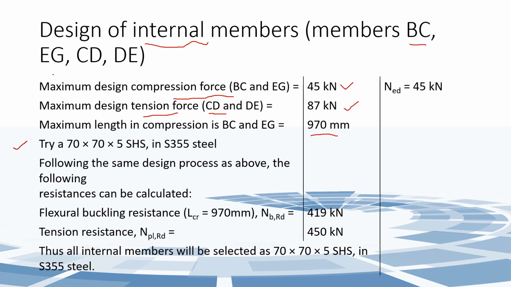We try a 70 by 70 by 5 square hollow section with steel S355. So just follow the same design as previously. Check for flexural buckling resistance. Check for tension resistance. Everything is adequate, which means that all the members selected for this size are adequate.